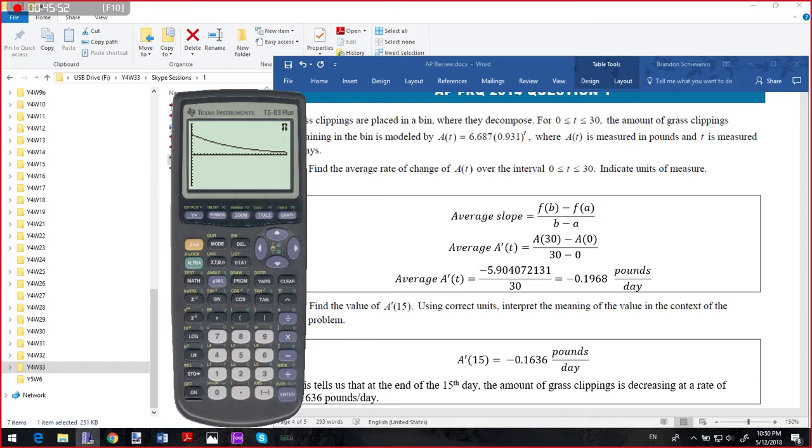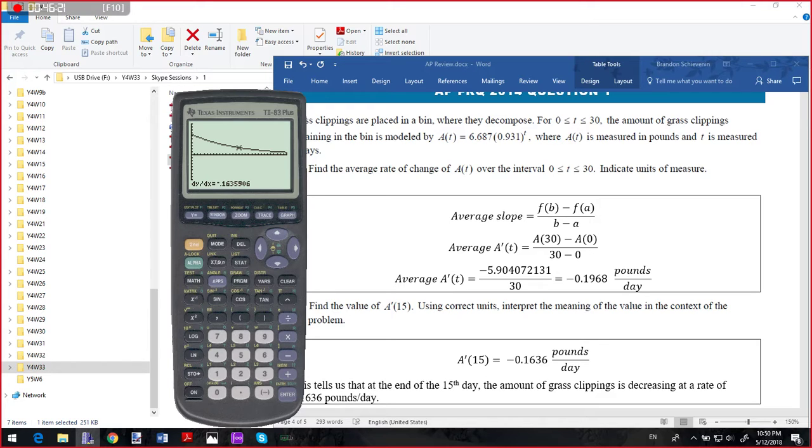Then hit second calculate and scroll down to derivative. So that's dy over dx. And hit enter. Okay, then we need to type in any x value you want. Right now if I use the arrow keys, I'm tracing the function, but it's hard to get the exact value you want if I do that. So I'm just going to type in 15 and hit enter. And it'll give me the derivative at 15.